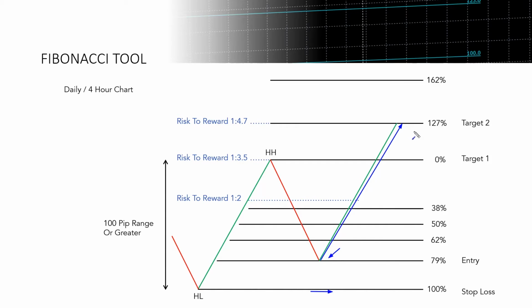So by using the Fibonacci tool, buying the dips in an uptrend, it creates excellent risk reward targets. As you can see here, price only needs to move beyond the 38% level. Actually needs to go to the 35% level. It's not shown on the tool, but in terms of maths, if it moves above that level to the 35% level, you're then achieving a risk reward target of 1 to 2 on your trade.